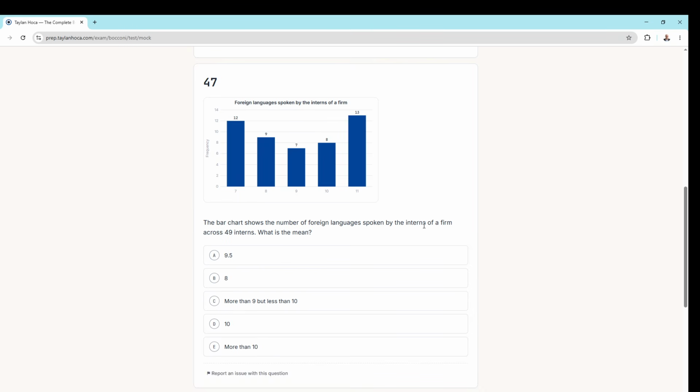So these are the values, and it is just a little bit less than 9.